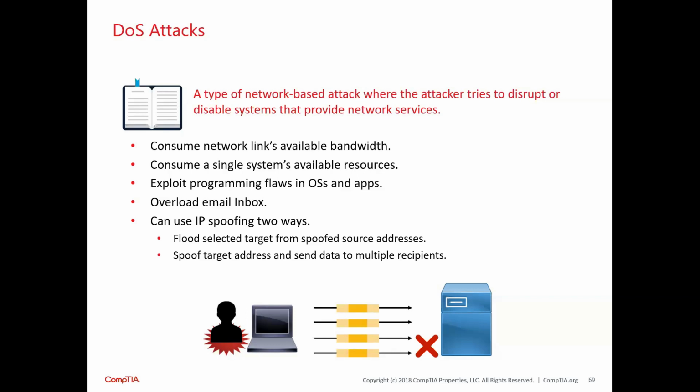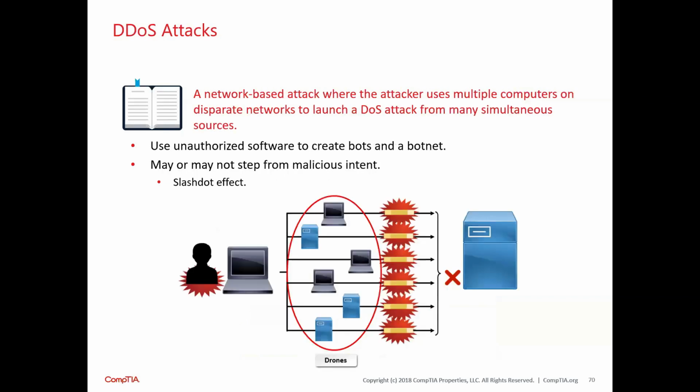The botnets, the drones, the zombies are used to launch distributed denial of service attacks because they are huge, they are large, they can actually do a lot of different types of attack. So that's the difference between DoS and DDoS. Just remember that DoS comes from one single source, while DDoS attacks come from multiple sources.